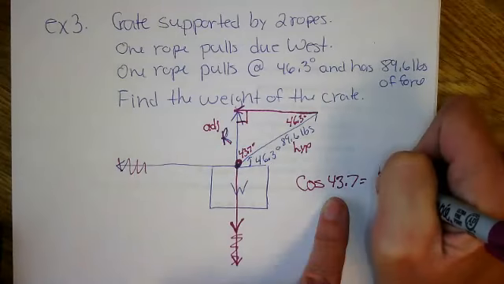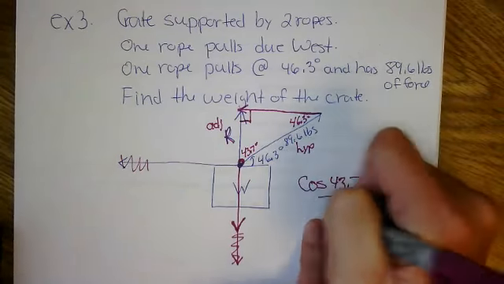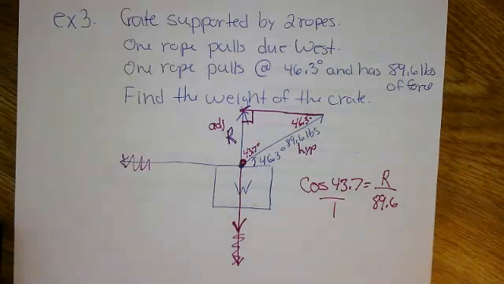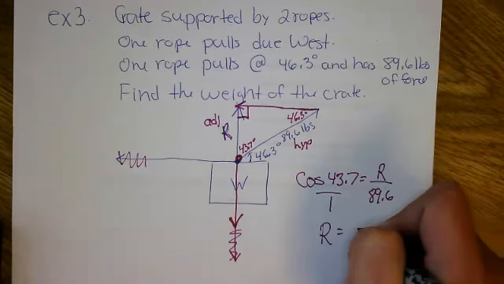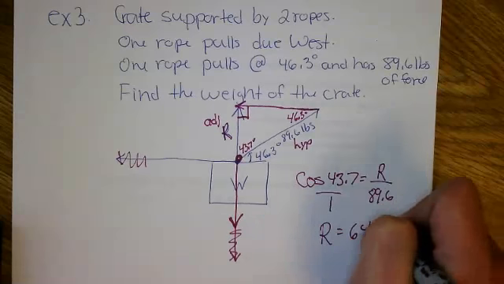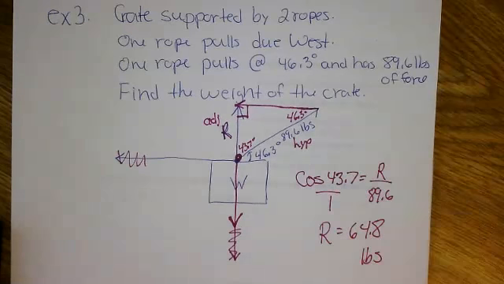Adjacent over hypotenuse. A little cross product. Cosine 43.7 times 89.6. Let's see, we got 64.8 with 3 sig figs. So the crate weighed almost 65 pounds.